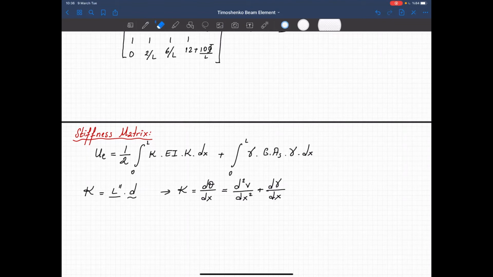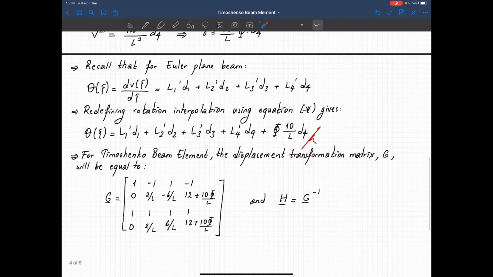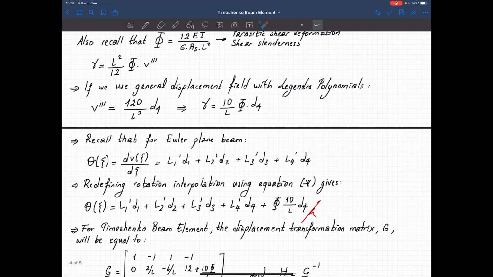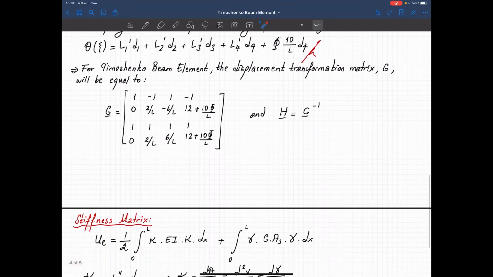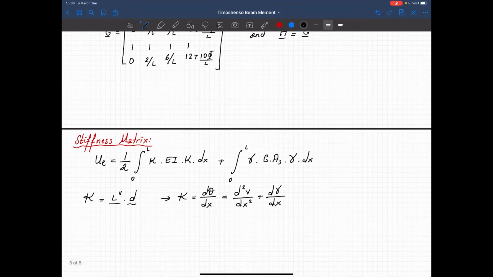And when we use the Legendre polynomials for the shear strain, you see it's constant, so its derivative with respect to x is equal to 0.